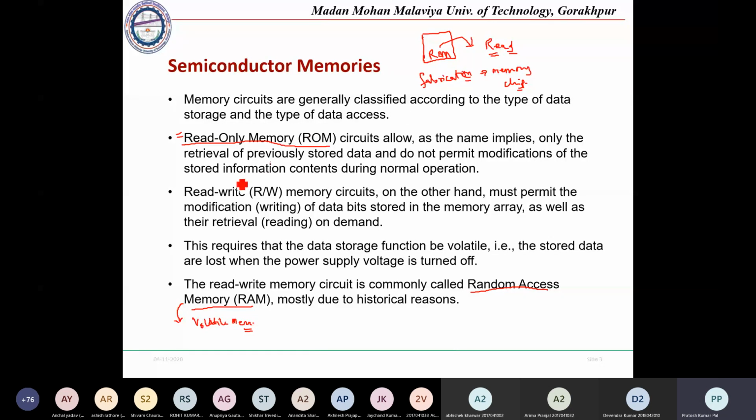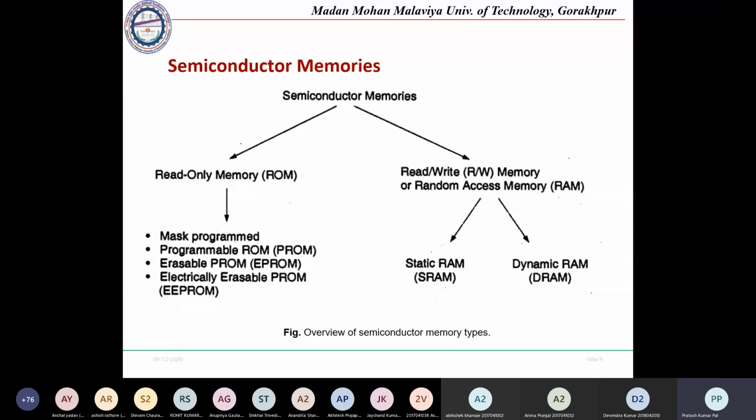Now we will further divide these ROMs and RAMs into further types, and see how they can be defined. So in the general semiconductor memories, there are read-only memory and random access memory.